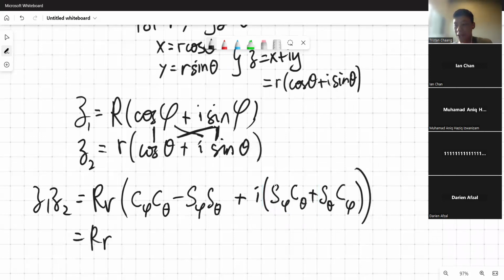Now, here is where we're going to use our mathematical culture. Well, cos theta cos phi minus sine theta sine phi. If anyone's very fluent in trigonometry, does anyone recognize what this is?